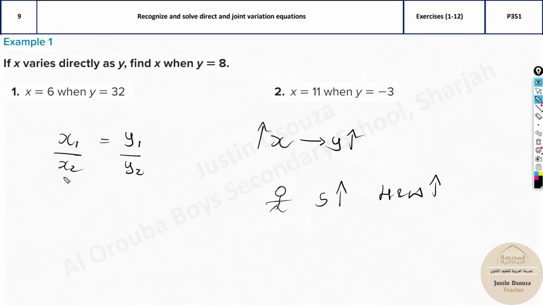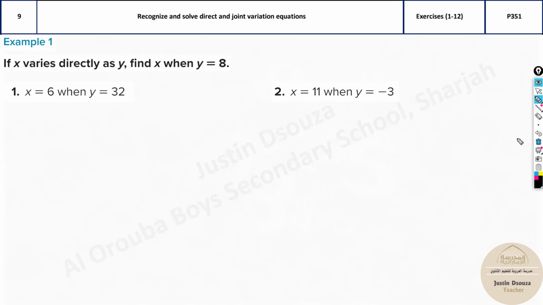If it was indirect, I would write x1 equals 1 by y1, and then x2 and y2. That's the only difference, so it's very easy to make up your own formulas. I'll write the formula again: x1 by x2 equals y1 by y2.